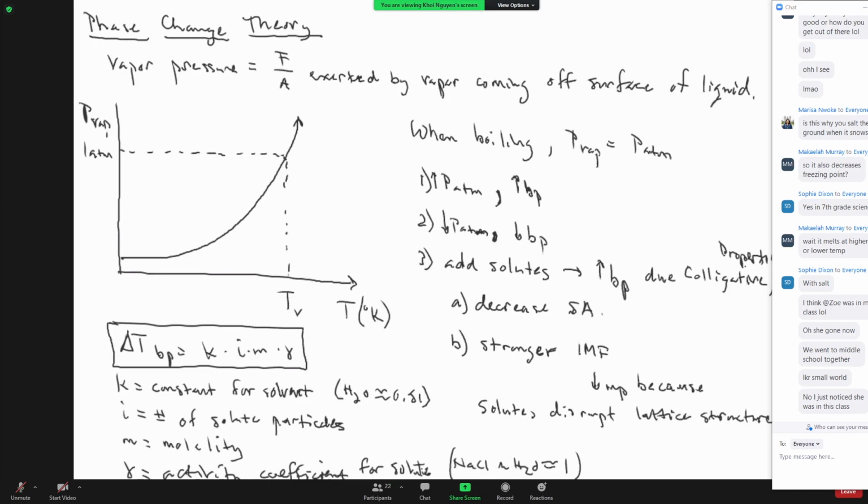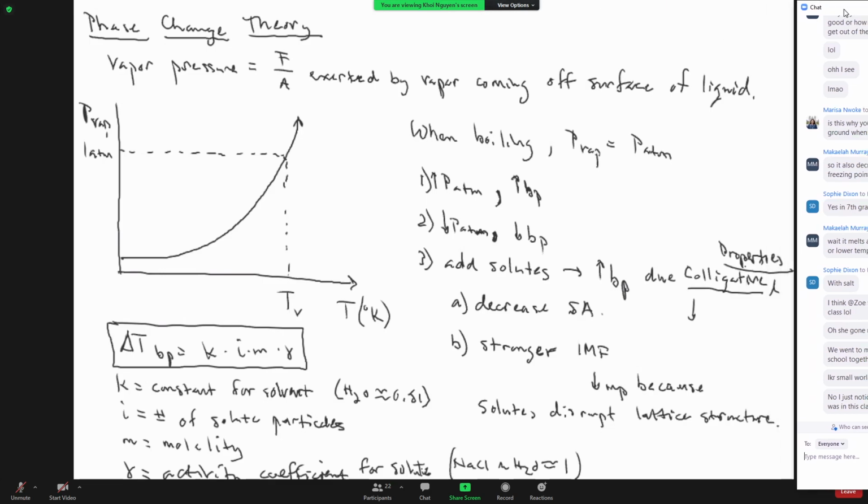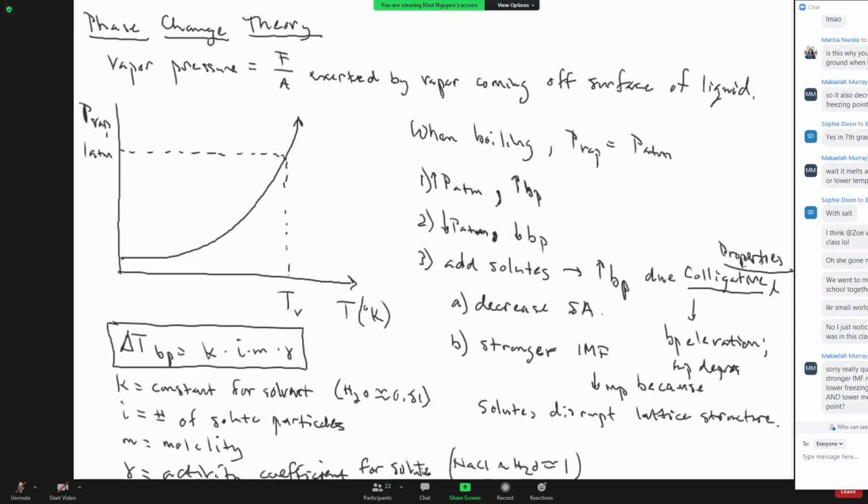So to sum it up, colligative properties lead to boiling point elevation and melting point depression. Stronger IMFs mean higher boiling point, right?